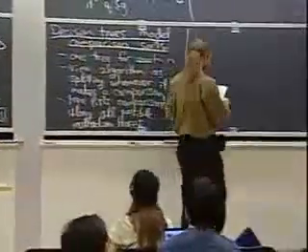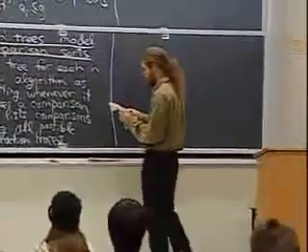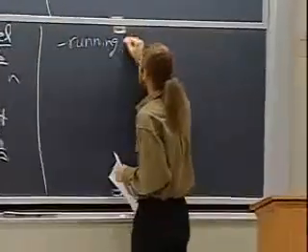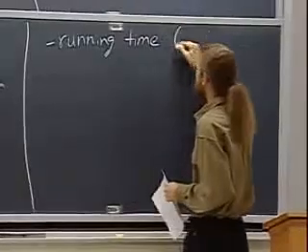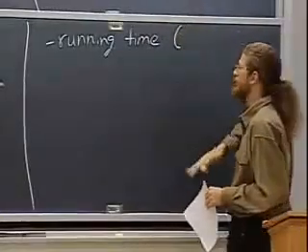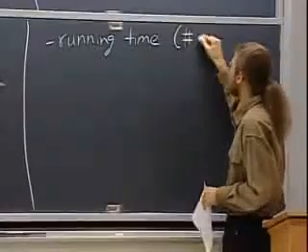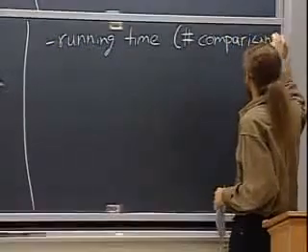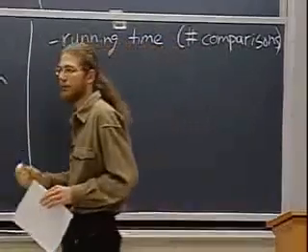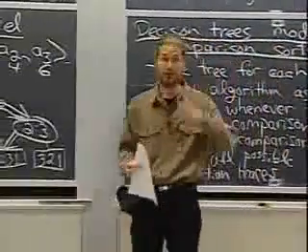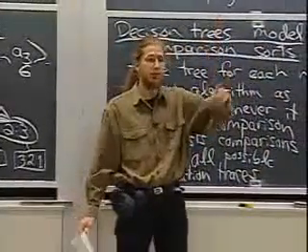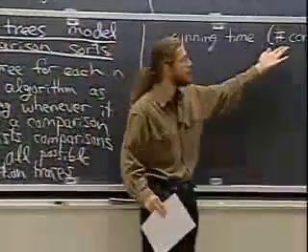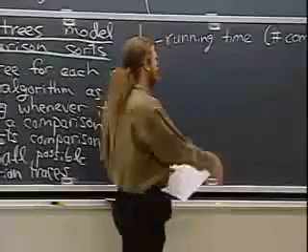Okay, so let me talk about leaves in a second. Before we get to leaves, let's talk about the depth of the tree. So this decision tree represents all possible executions of the algorithm. If I look at a particular execution, which corresponds to some root-to-leaf path in the tree, the running time, or the number of comparisons made by that execution, is just the length of the path.